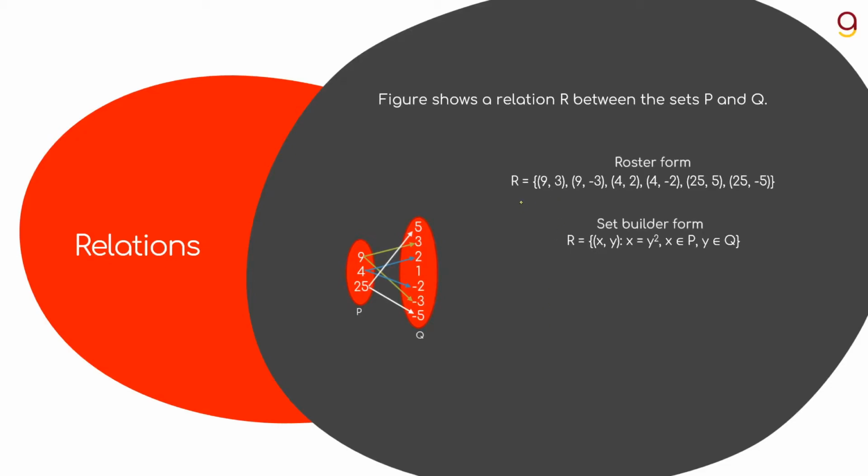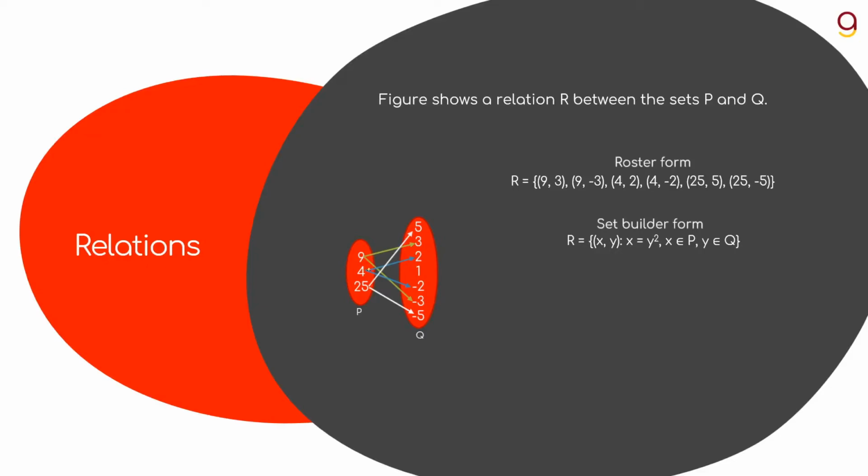So yeah, roster form: a set is described by listing the elements separated by commas within the bracket. So here, what are the elements? 9, 3. Here, the element 9 is linked with the two elements of set Q, 3 and -3, shown by the yellow arrows.